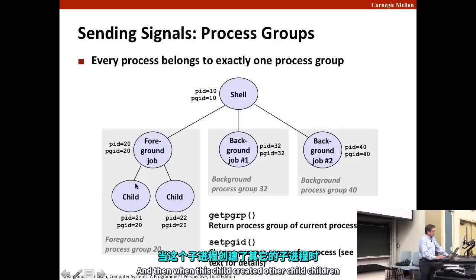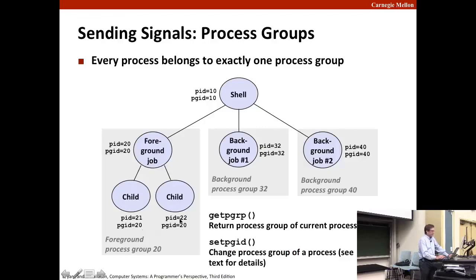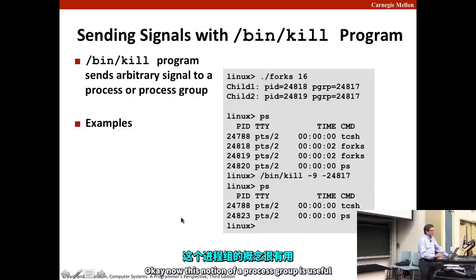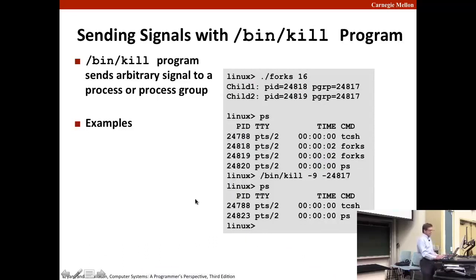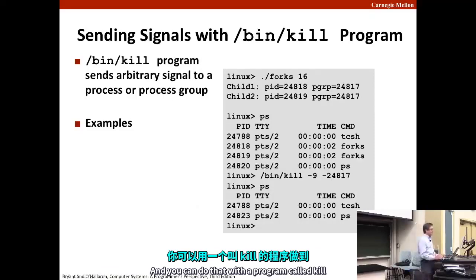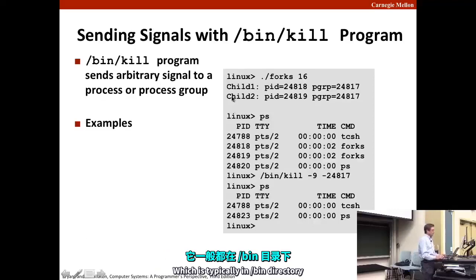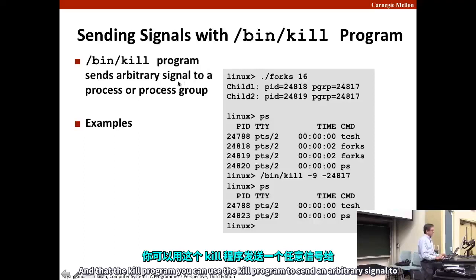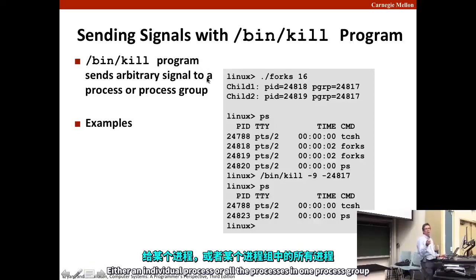Then when this child created other children, they just inherited the same process group ID. This notion of a process group is useful because it allows you to send signals to groups of processes at the same time. You can do that with a program called kill, which is typically in the /bin directory. You can use the kill program to send an arbitrary signal to either an individual process or all the processes in one process group.